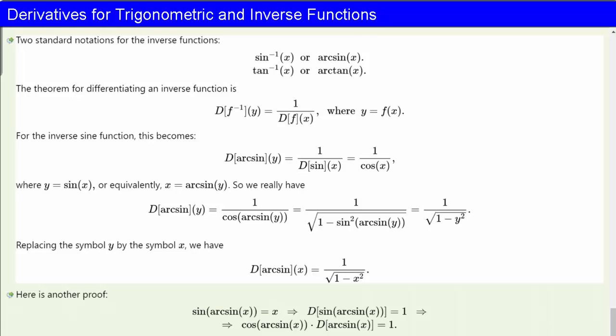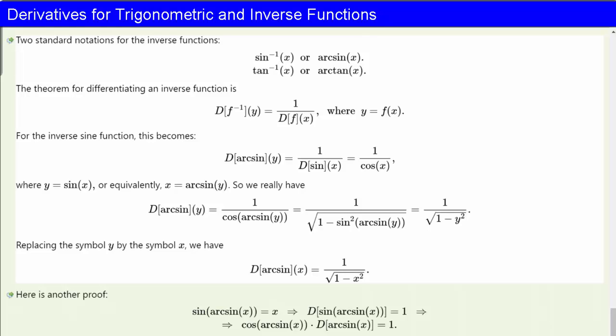For the inverse sine function, this becomes the derivative of arcsine at the point y is 1 over the derivative of sine at the point x, which is just 1 over cos x, where y equals the sine of x, or equivalently, x equals arcsine y. So what we have is that the derivative of the arcsine function at the point y is 1 over the cosine of the arcsine of y.